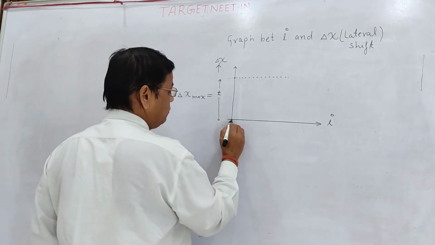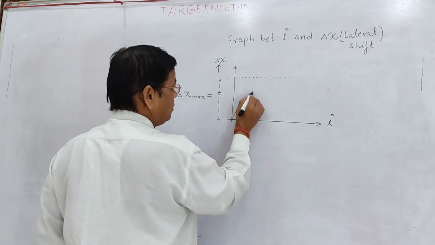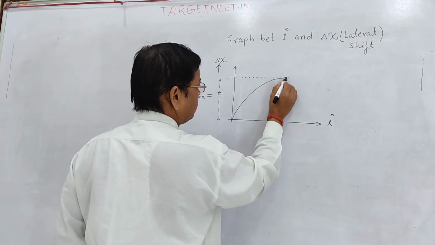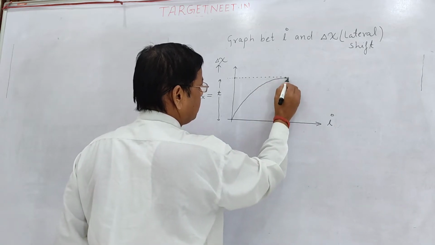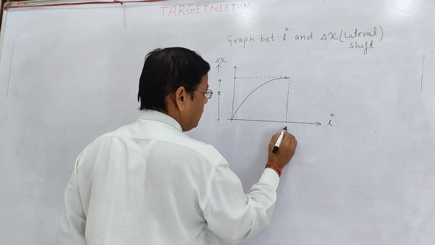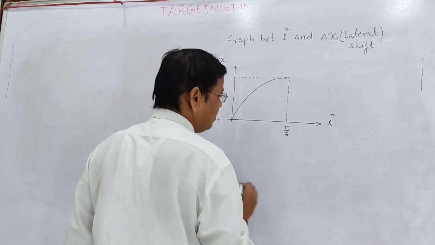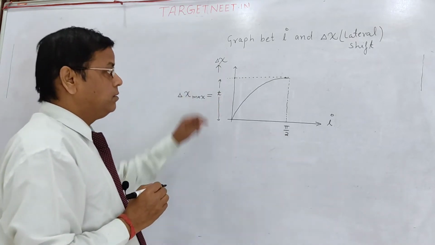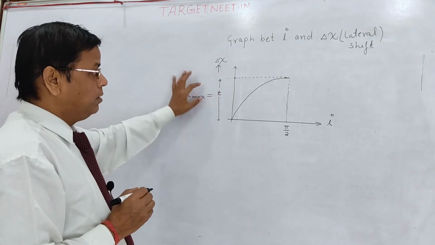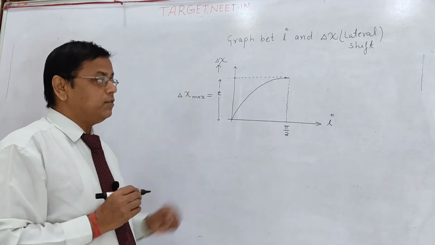And if you do a graph between i and delta x, it appears like this. Here it is 90 degree angle of incidence, grazing angle of incidence, and here lateral shift is maximum, that is t. So that is how lateral shift varies with angle of incidence.